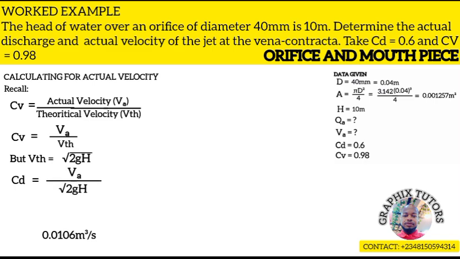If I input my values, I have 0.98 equals the actual velocity over the square root of 2 times 9.81 times 10. So 0.98 equals V sub A over the square root of 196.2, which is 14.01. If you make the actual velocity the subject of the formula, we have 0.98 times 14.01.